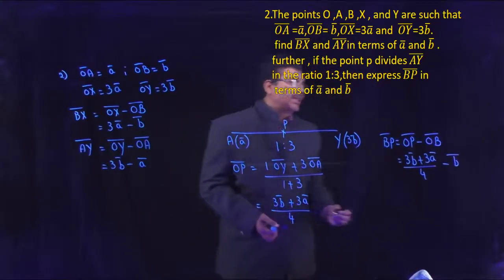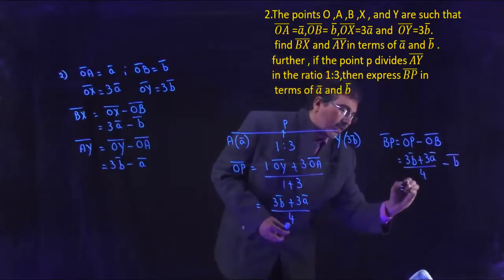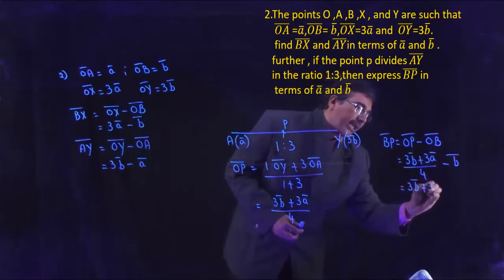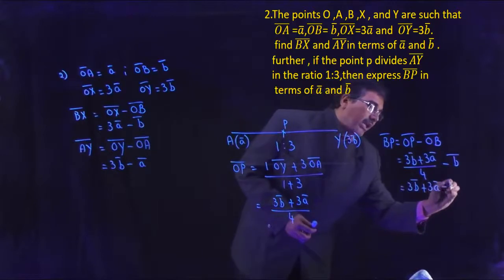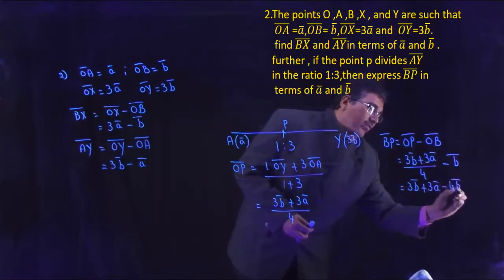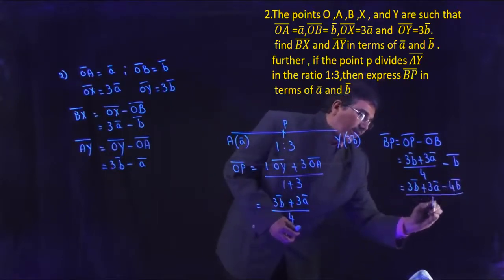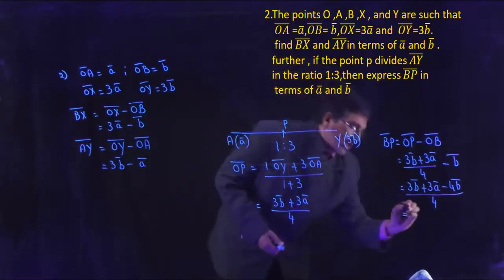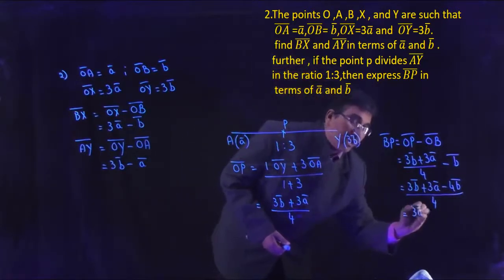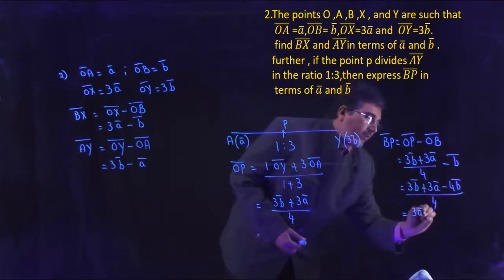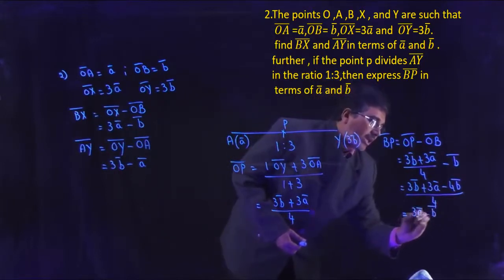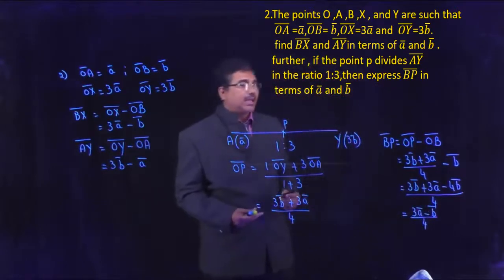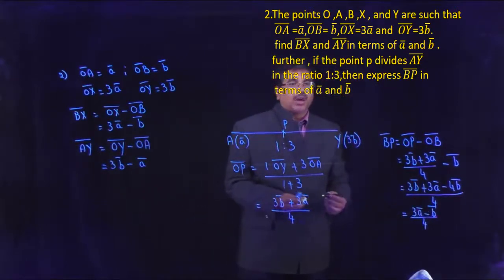Now take LCM: 3 times B bar plus 3 times A bar minus 4 times B bar divided by 4, that is 3A bar minus B bar divided by 4. That is BP bar.